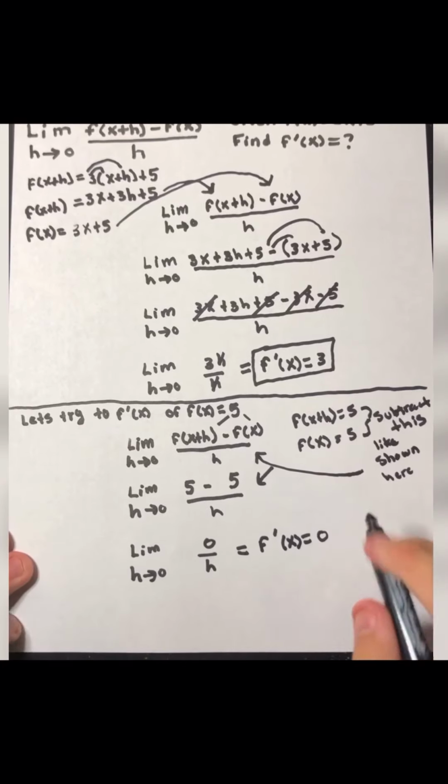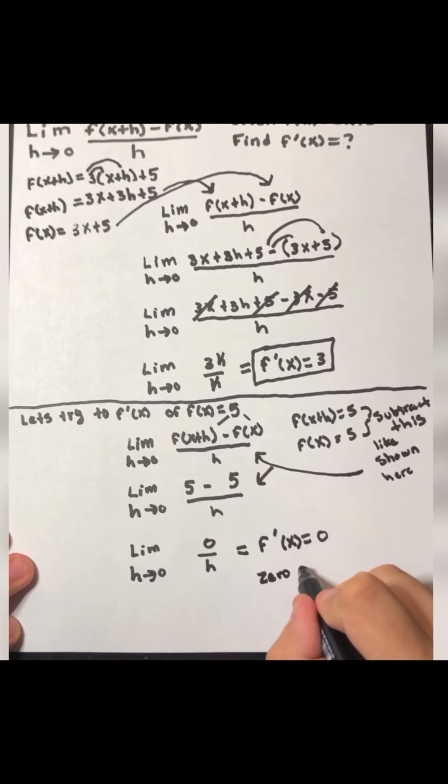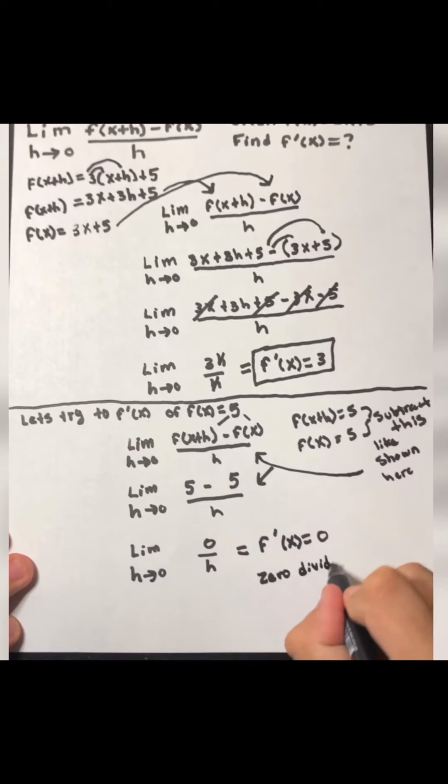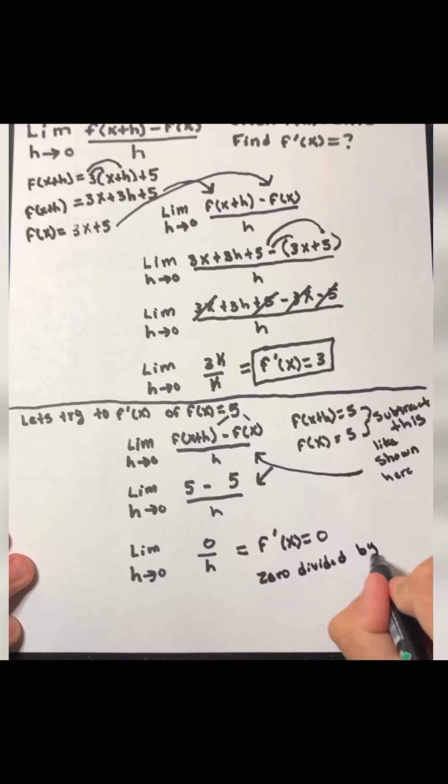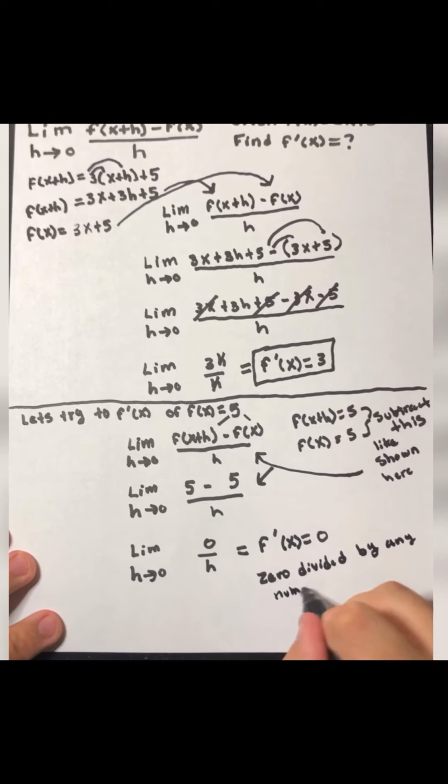So now we know that 0 divided by any number is 0.